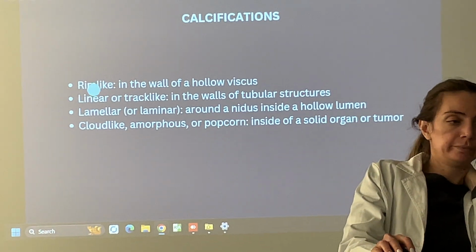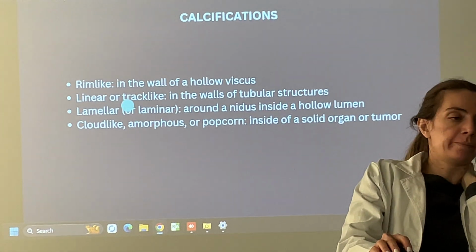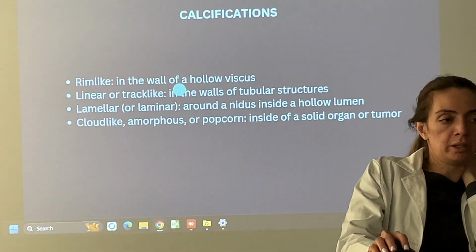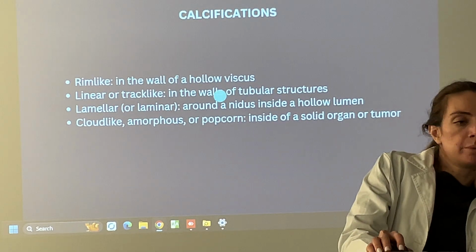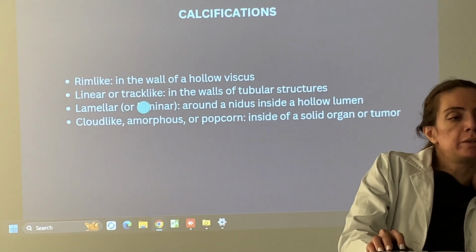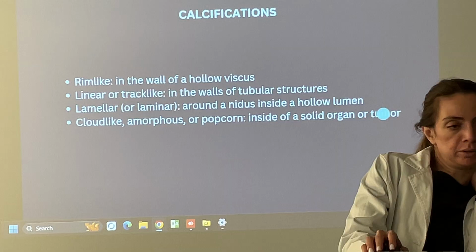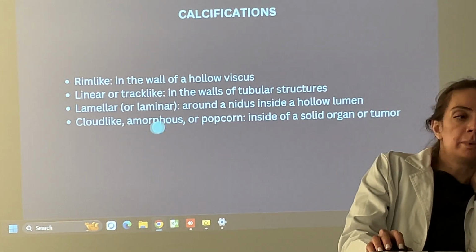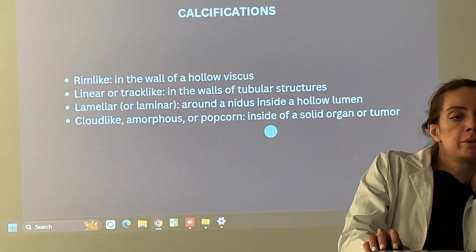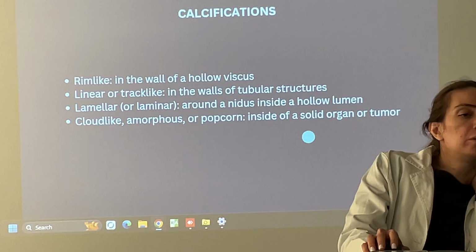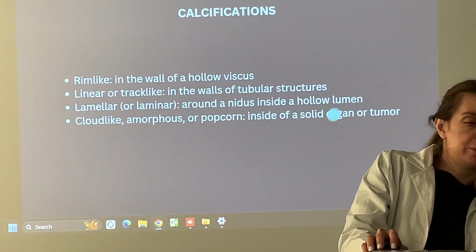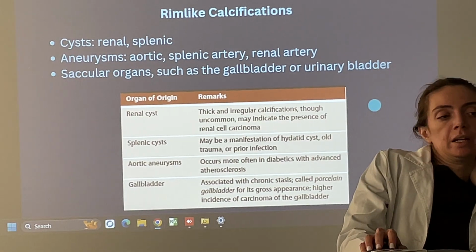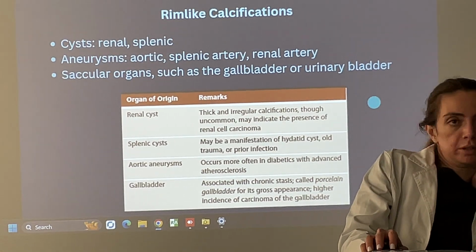Rim-like calcifications usually appear in the wall of a hollow viscus, linear or track-like calcifications in the walls of tubular structures, lamellar or laminar around a nidus inside a hollow viscus, and cloud-like, amorphous or popcorn inside of a solid organ or tumor. Popcorn calcifications are not only seen in lungs.